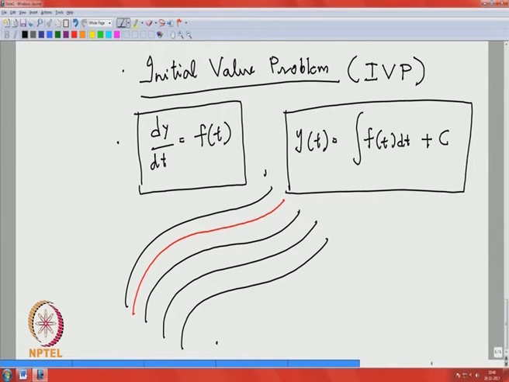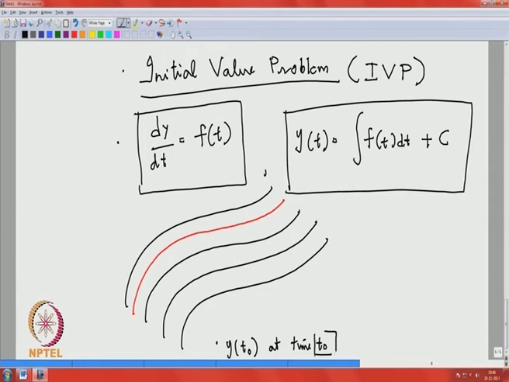You are at a particular place at time t naught, you will be at this point y t naught at time t naught, and then this equation tells you the velocity at all times. This exactly gives you f of t. So, you are given a position at what we call the initial time.